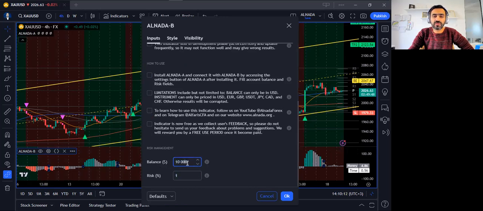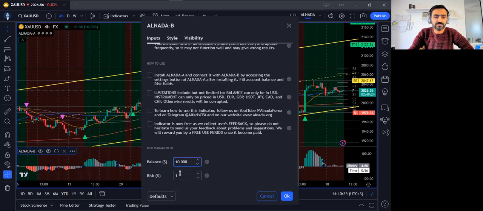Your trading account balance, and the risk: how many percent you want to risk per trade from your account balance. So 1% risk per trade means $100 to lose per trade. If I hit the stop loss, it will be $100 because I'm trading with $10,000.